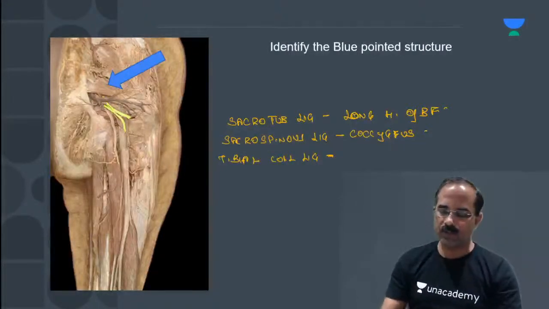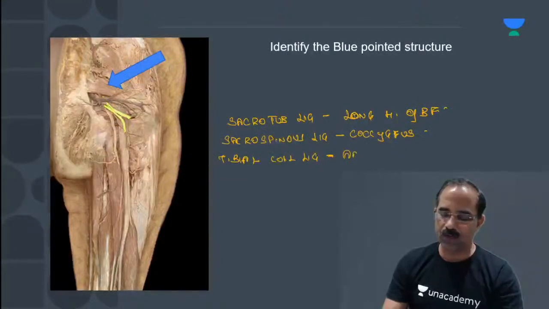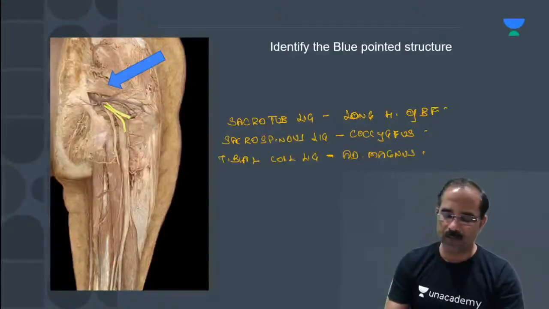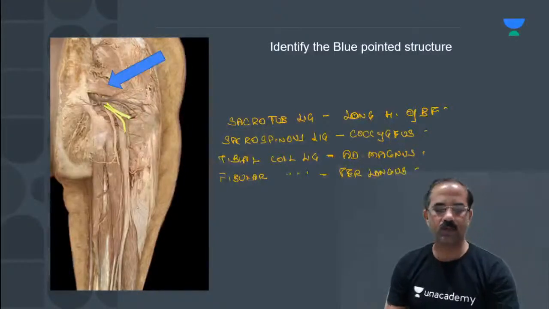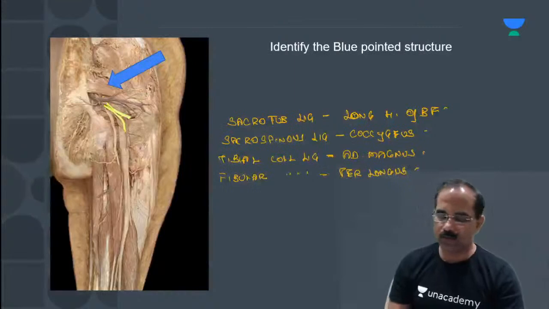It is a degenerated part of adductor magnus. The fibular collateral ligament is a degenerated part of peroneus longus. So: tibial collateral, adductor magnus; fibular collateral, peroneus longus.